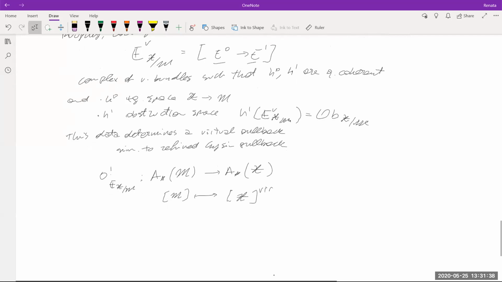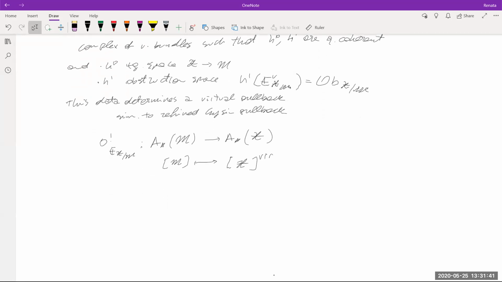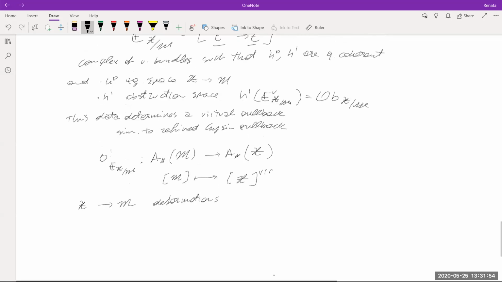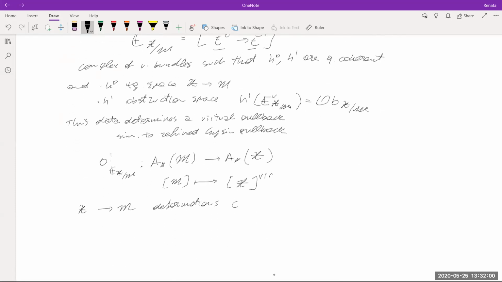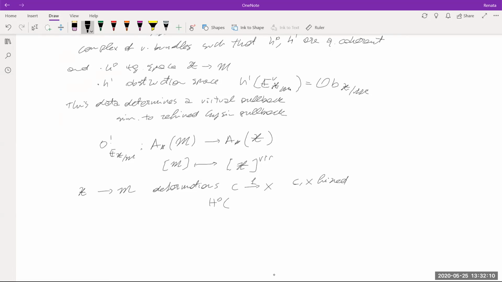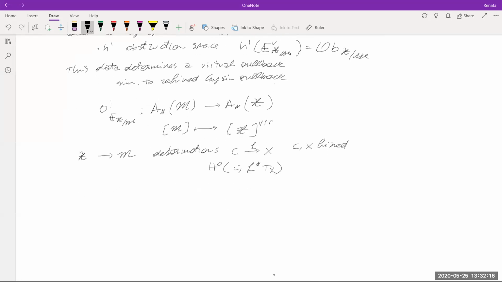So what is the usual perfect obstruction theory of Gromov-Witten theory? Well, studying this morphism that I wrote down before, one sees that the deformations of a morphism, where C and X are fixed, are given by H0 of C, f pullback of T_X, and obstructions by H1.